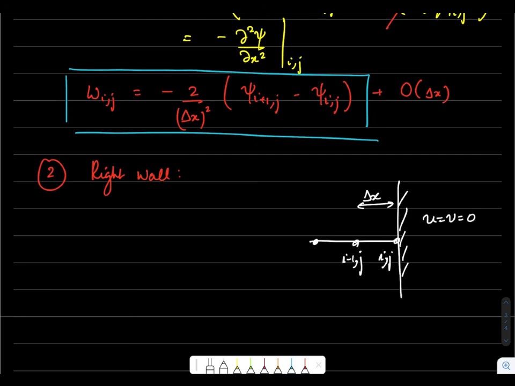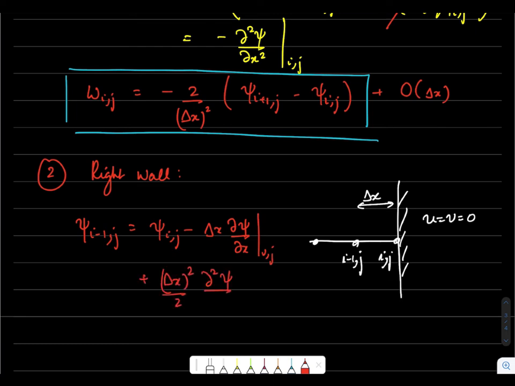Velocity is 0 on this wall, and so I can use Taylor series. We can say psi I minus 1j is psi ij minus delta x d psi dx at ij plus delta x square by 2 d2 psi dx square at ij plus an order delta x cube term.